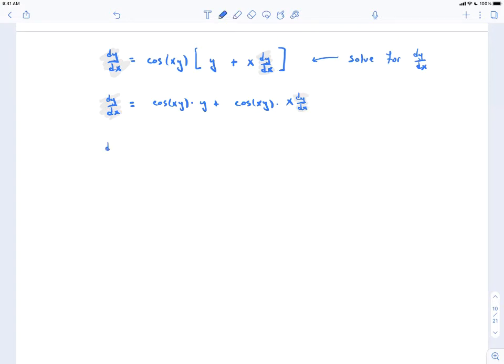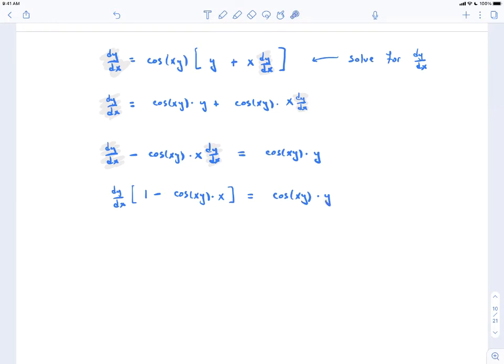So we'll have dy/dx minus cosine of xy times x dy/dx, and this will be equal to cosine of xy times y. Now we just factor out that dy/dx: dy/dx times (1 minus cosine of xy times x) is equal to cosine xy times y.